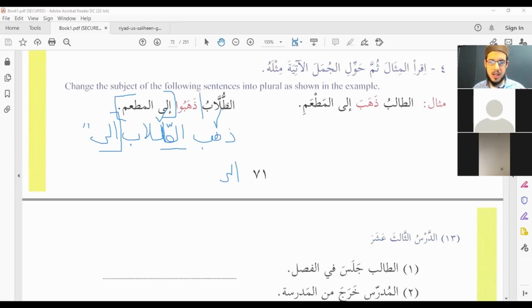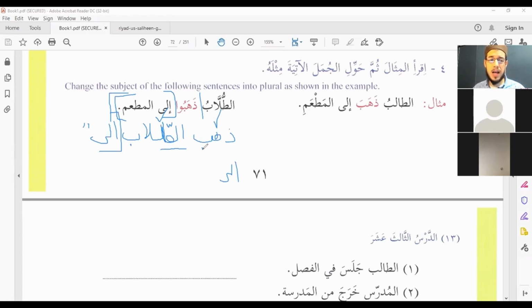We have at-tullabu as the mubtada, and dhahabu ila al-mat'ami is the khabar. Yes, it's possible that a khabar can be a jumla fi'liya, right? So when it comes to dhahab at-tullabu ila al-mat'ami, if I wanted to keep it a jumla fi'liya, I could have said ila al-mat'ami dhahab at-tullabu.